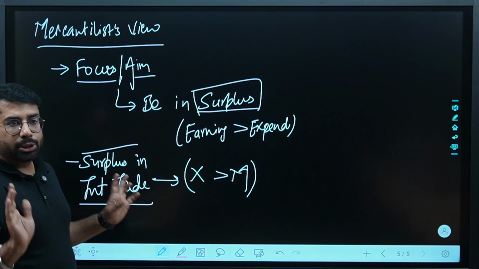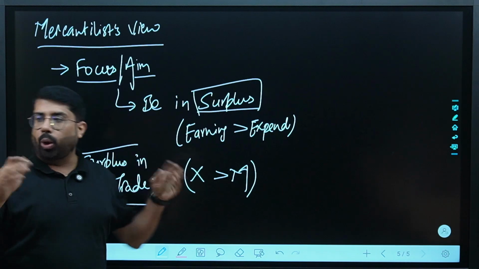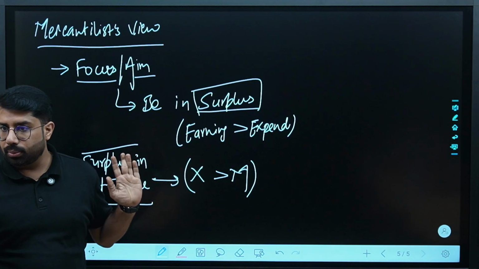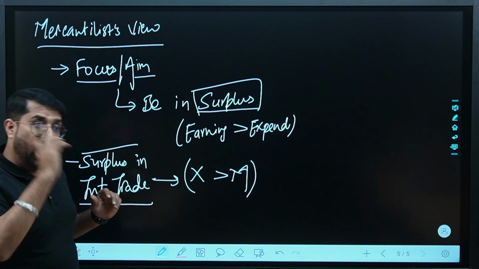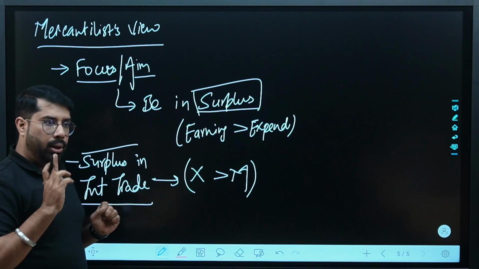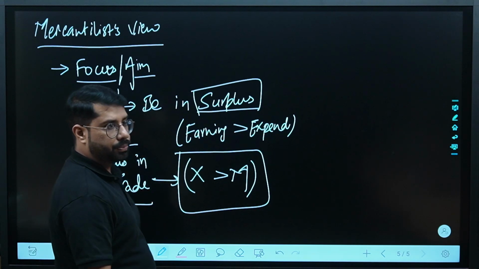Mercantilists say, business person says, whatever you want to export, you export. Whatever you want to import, you import. Whatever. But ultimately, at the end of the day, situation should be that you should be in a surplus.